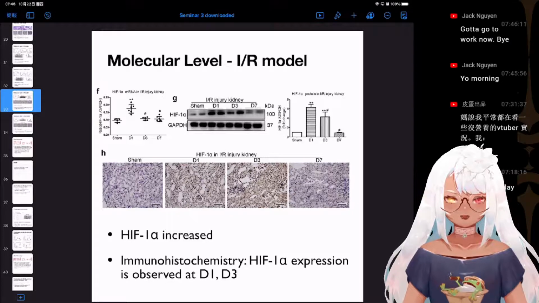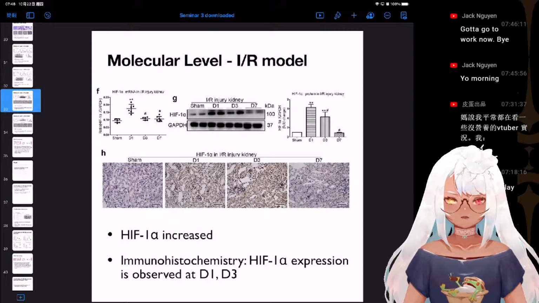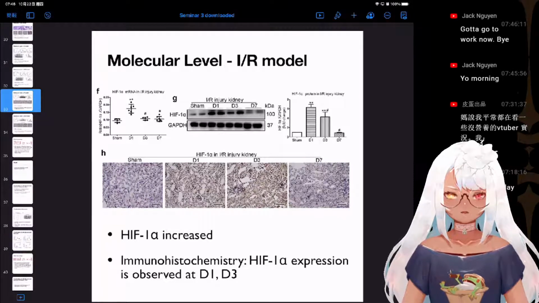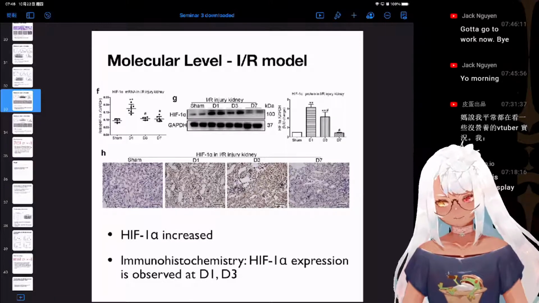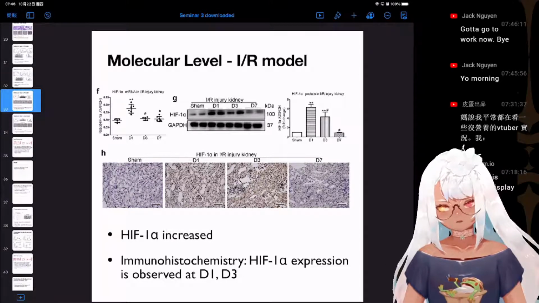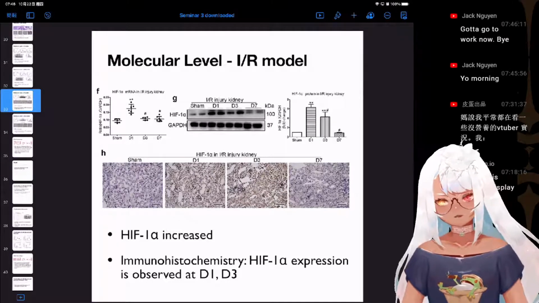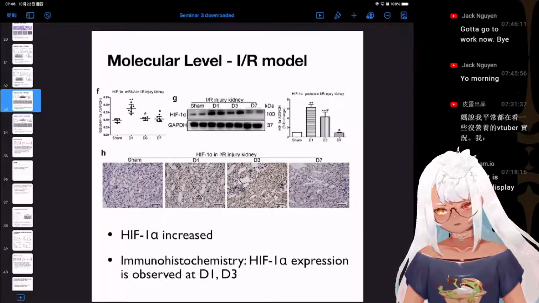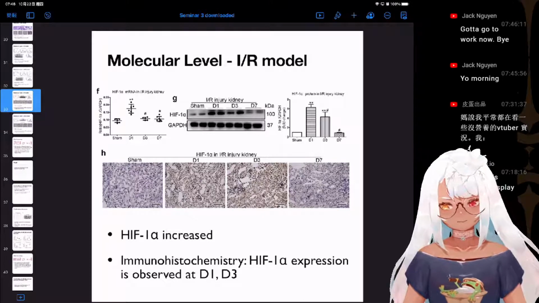Okay, so now the key message that we learned from these previous examinations is that, in terms of histology and molecular level, the formation of TI is induced at about day 1 and day 3. So we want to know whether HIF1 alpha, our main character, is induced at about the same time.